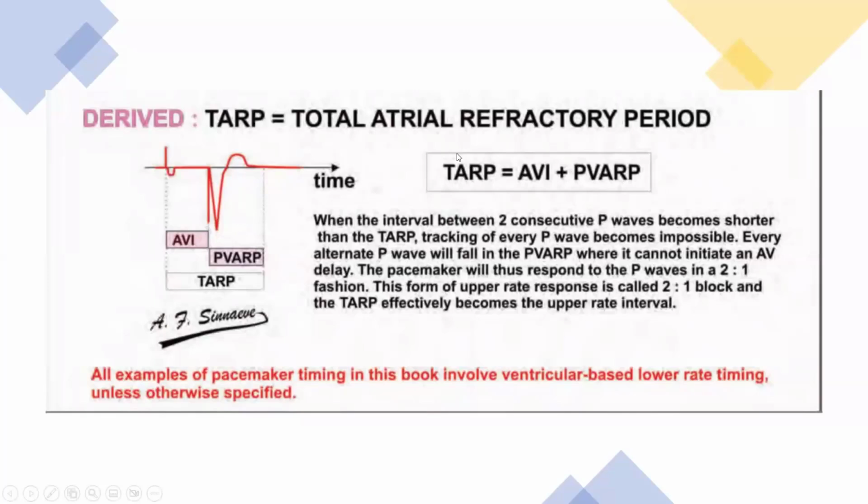So if the TARP is 500, the maximum rate at which the pacemaker can follow the atrium is 120. 500 milliseconds translates to 120 beats per minute. So if the atrial rate is faster than 120, the pacemaker can't follow it, and this will be a problem.